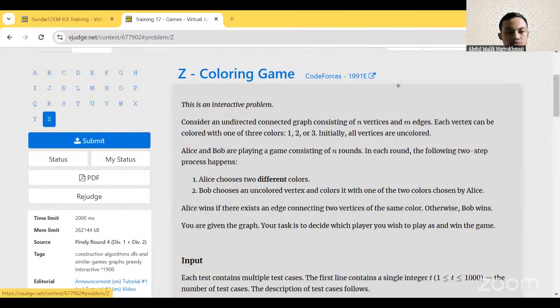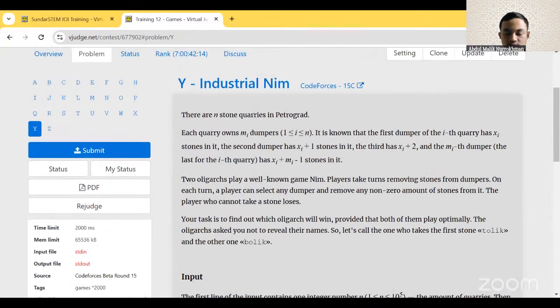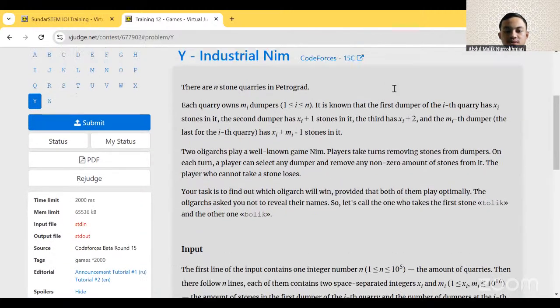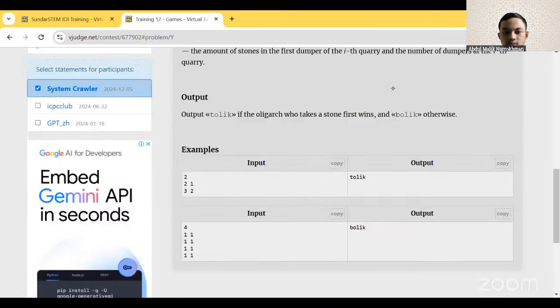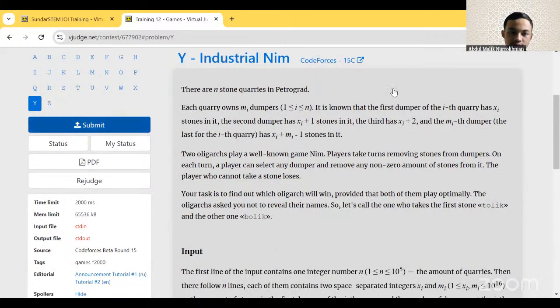And then let's continue to problem Y. Okay. For problem Y, given n stone piles. Okay, before that, let me explain the problem first.